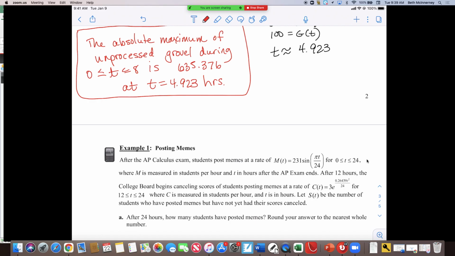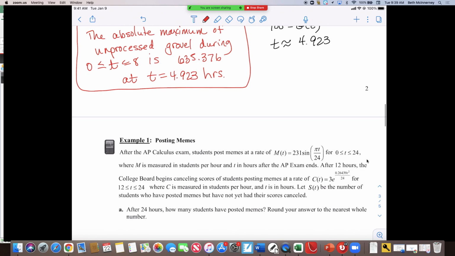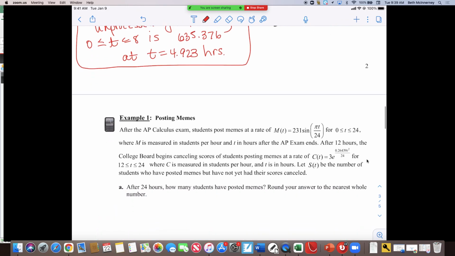So then that time is between 12 and 24 hours. And c is measured in students per hour and t is in hours. Let s of t be the number of students who have posted memes but have not yet had their scores canceled. After 24 hours, how many students have posted memes?